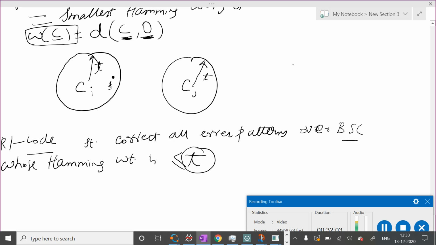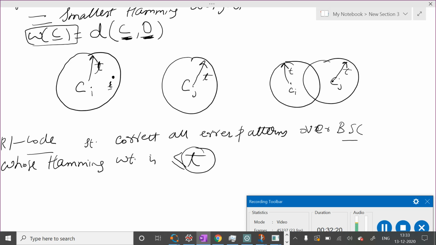There is another scenario which is like this. Suppose this is CI and CJ. Of course, since the Hamming weight is at most t, we take at most radius t. Now if there is an error and the received vector falls here, there is no way to correct the error.